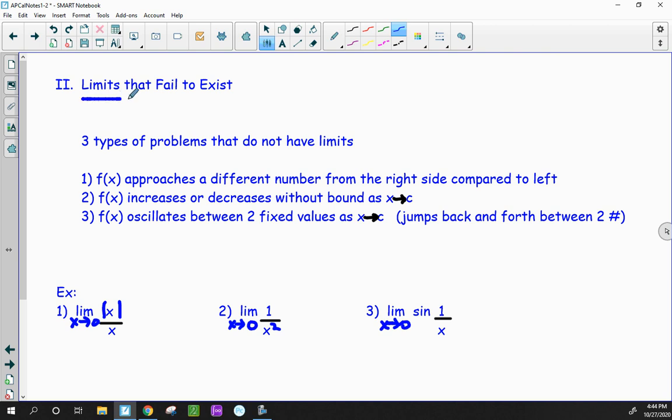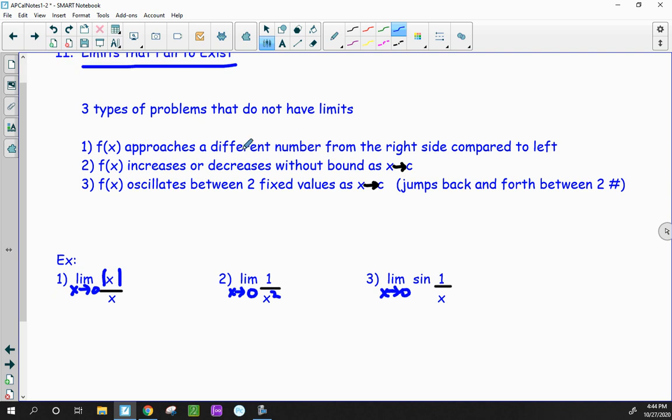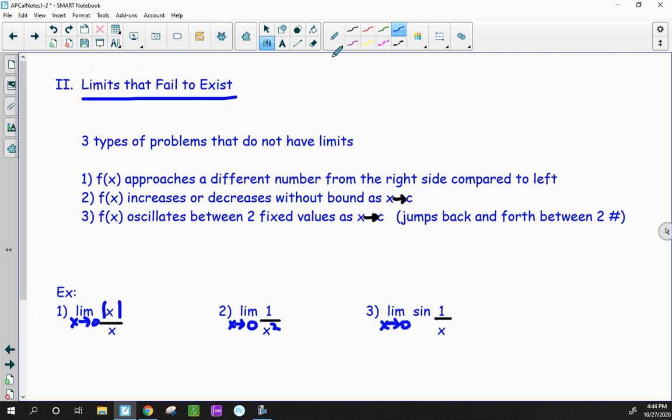Limits that fail to exist. There are 3 types of problems that do not have limits. Number 1, and while I'm thinking about it, I have seen this released as a question on the AP exam. This is an important concept. f of x approaches a different number from the right side as compared to the left.